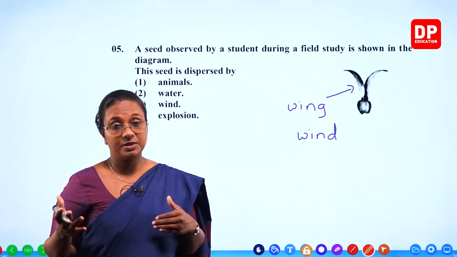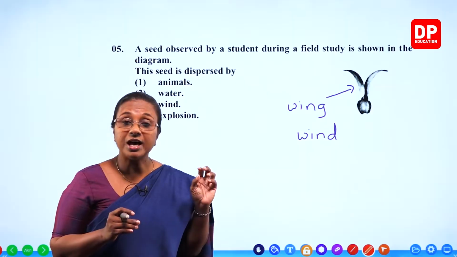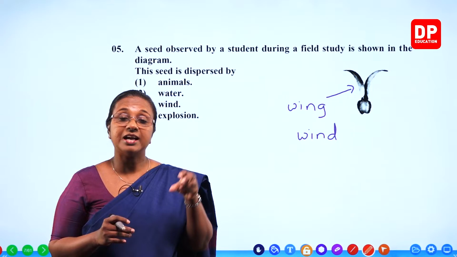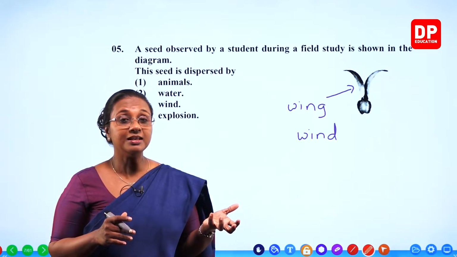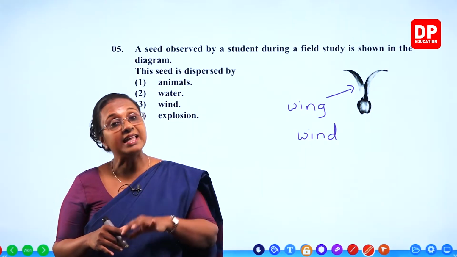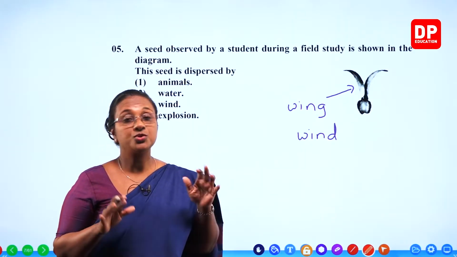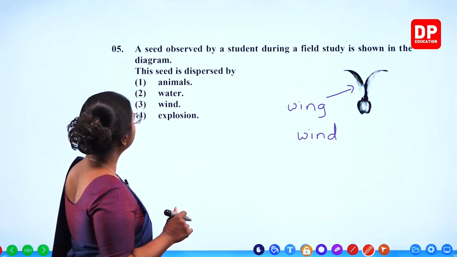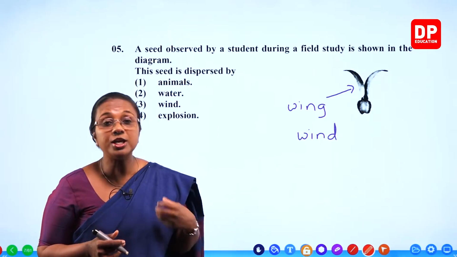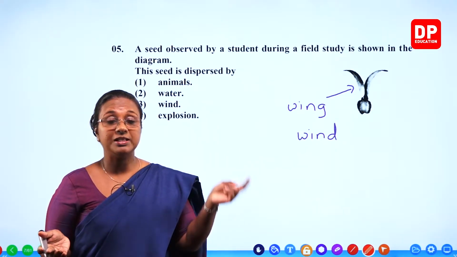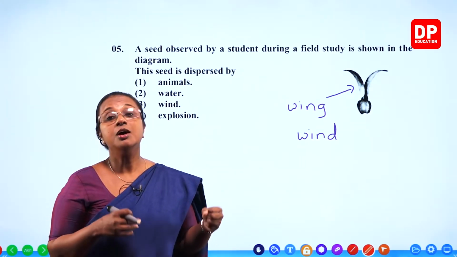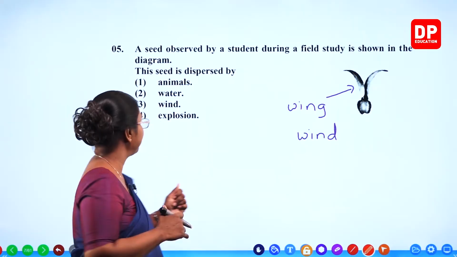Or else, there are some seeds which deceive the animals because the seed looks like an insect or has a bright color. Because of that, the animals mistake those seeds for their food and take them from one place to the other. Those are the adaptations when it is dispersed by animals. Another thing you have to remember, sometimes they can even stick to the body of the animal. They can have hook-like structures or hair-like structures so that they can attach to the body of the animal. So, different adaptations.